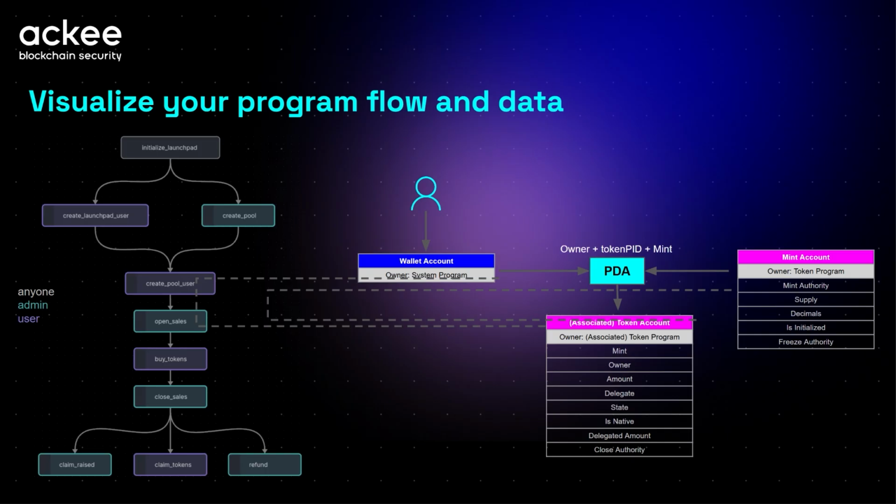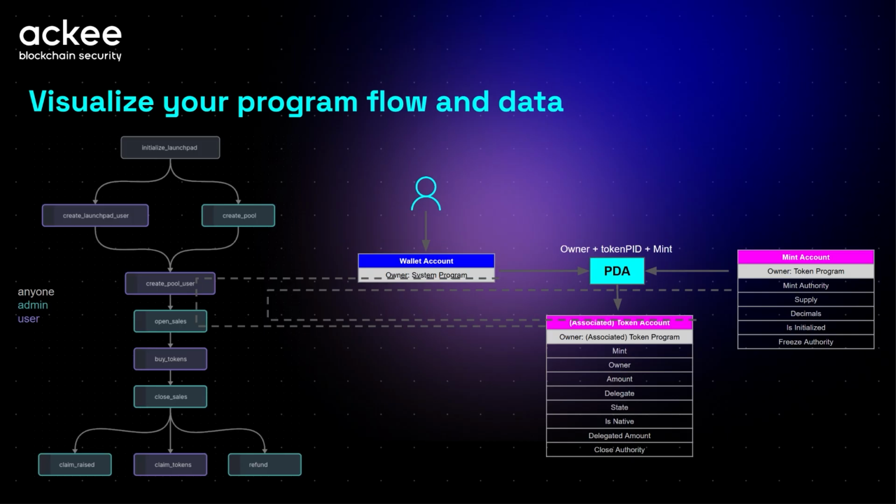So this is the program flow, and what is also very good for testing and for documentation for other developers or maybe even users is the data structure. Here you can see an example of an associated token account.